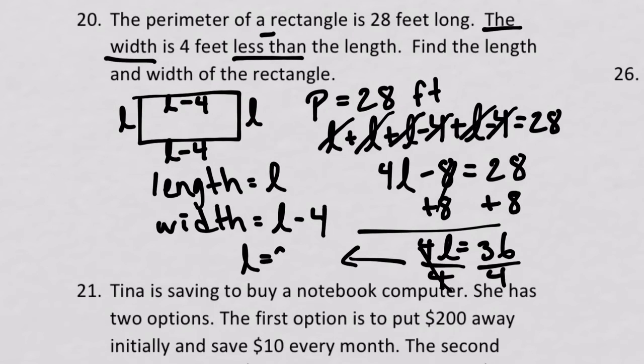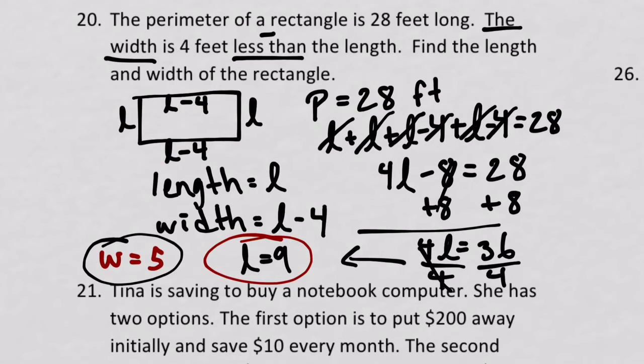L equals 9. That's the length of the rectangle. So if the length is 9, it says the width is 4 feet less than that. Don't add 4, subtract 4, just like you see here. So if this is 9, 9 minus 4 is 5. So the width is 5. There's the length. And there's the width.